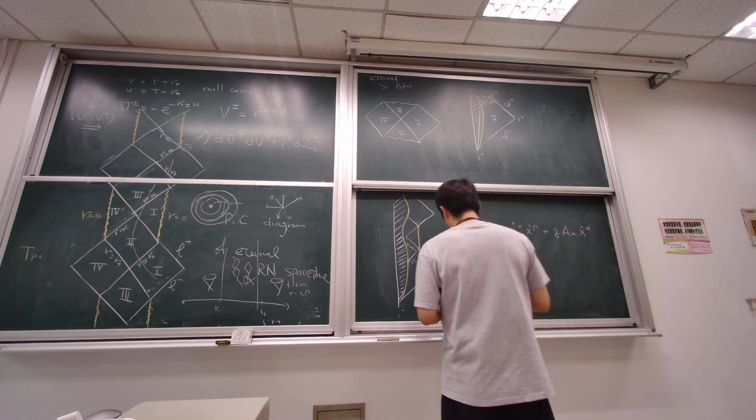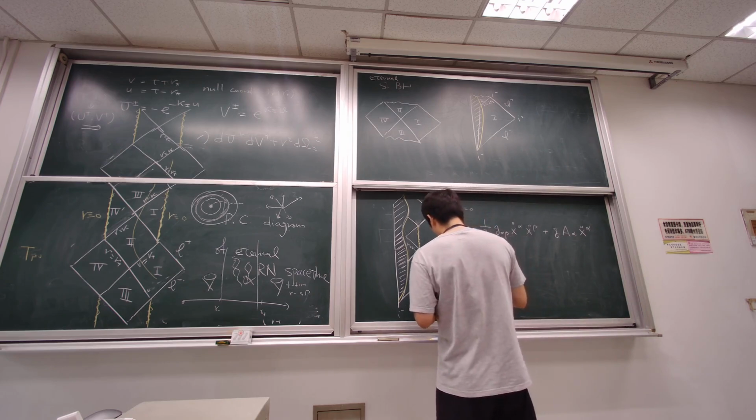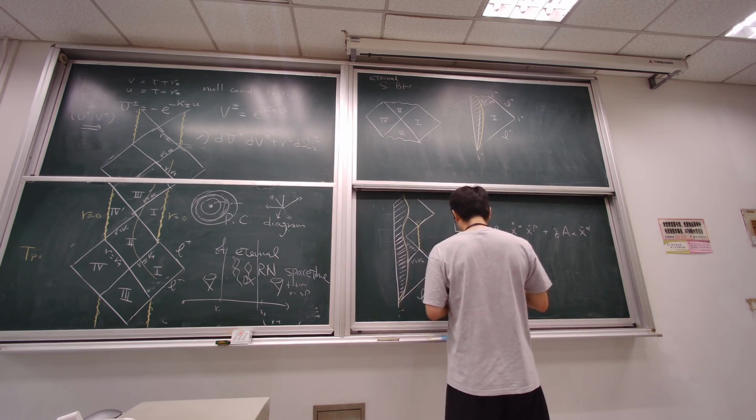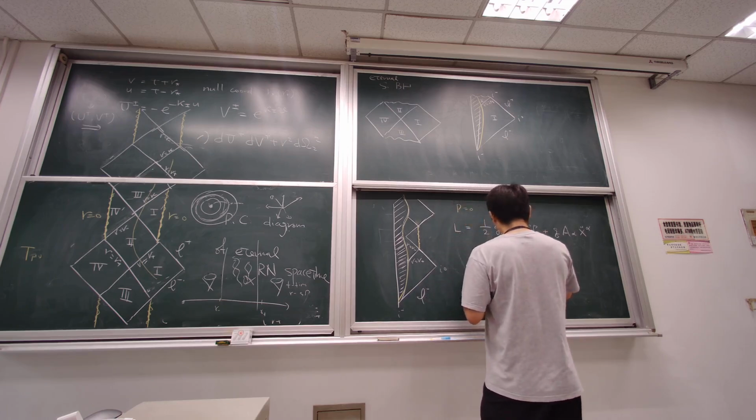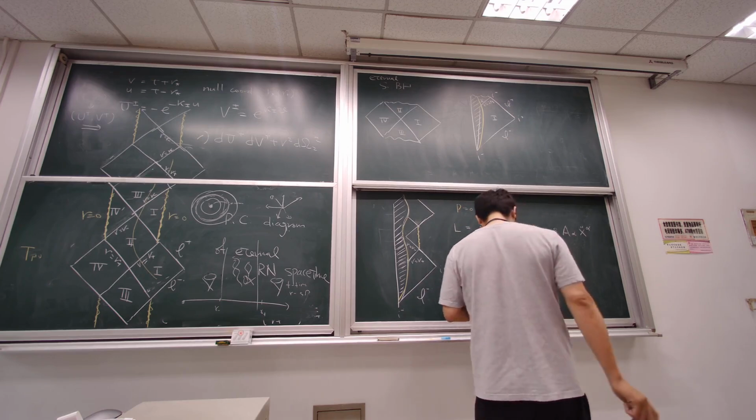Okay. So again, we have A zero equal to Q over r. That's what we have.